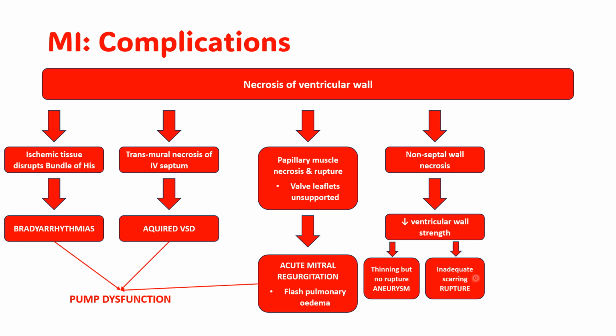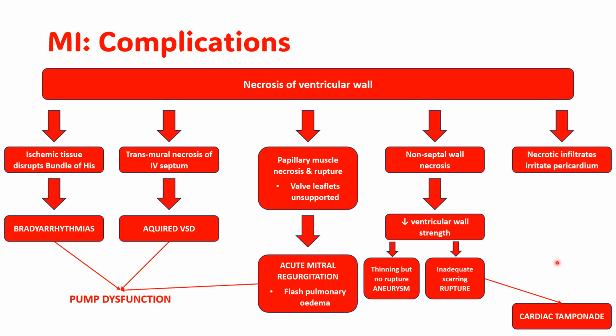But if there's inadequate scarring, the ventricular free wall can rupture, and this can lead to something called cardiac tamponade. That's essentially where we have lots of fluid and blood within the pericardial sac. If you were to examine a patient, they're likely to have muffled heart sounds, an elevated JVP, and they'll also have low blood pressure.